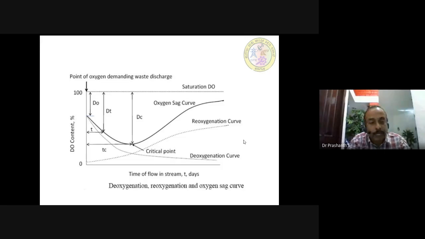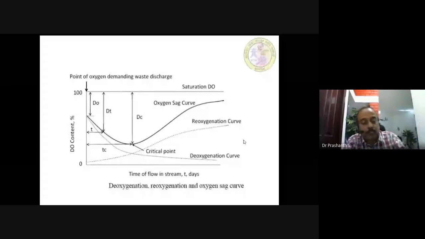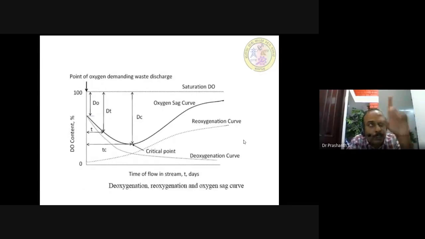As the river is moving, the waste is also moving. So the degradation starts. As you can remember, the zone of degradation. When the degradation starts, the microorganisms present in the sewage consume the dissolved oxygen present in the river.